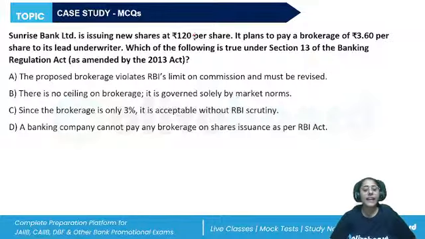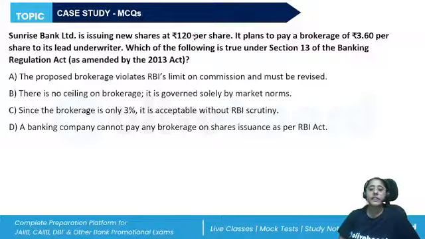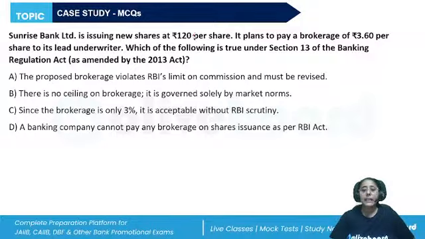Okay, Sunrise Bank Limited is issuing new shares at rupees 120 per share. It plans to pay a brokerage of rupees 3.60 per share to its lead underwriter. Which of the following is true under Section 13 of the Banking Regulation Act?